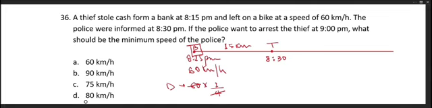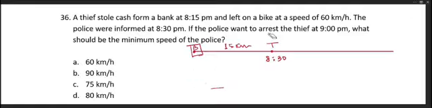Now at 8:30, police is at point B, that is, police is at the place of the bank, and the thief is 15 kilometers ahead of the police.